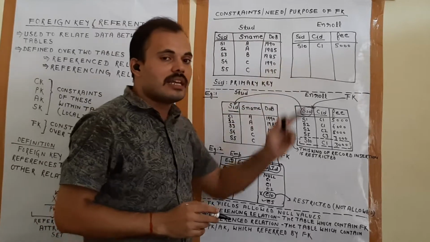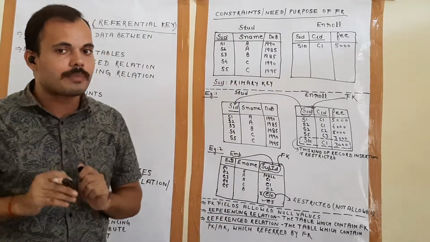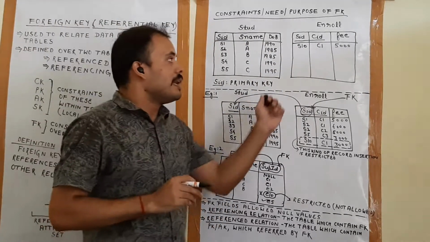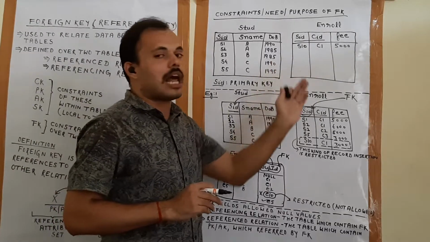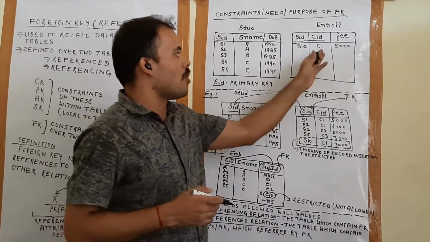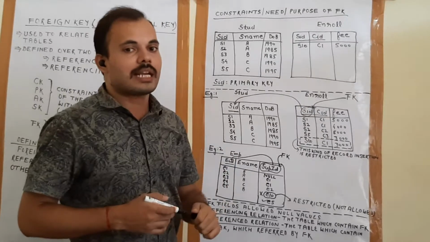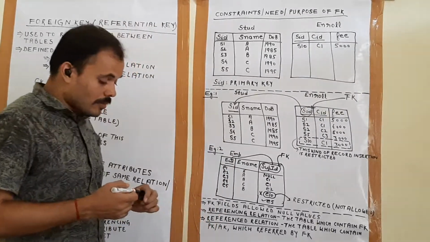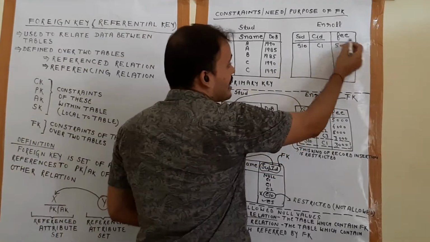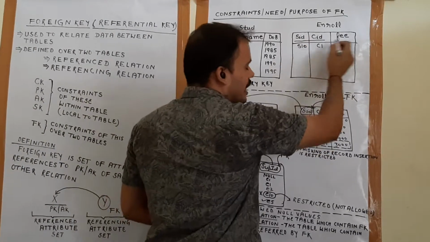So he should not be allowed to enroll for a course run by the organization. Understood? So this data is inconsistent, meaning incorrect.